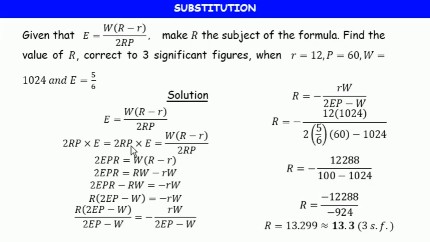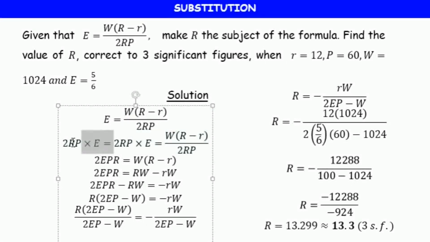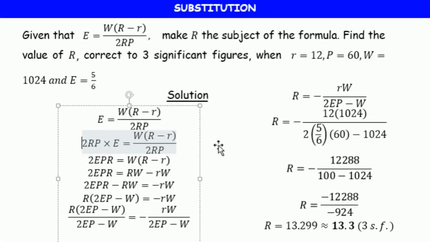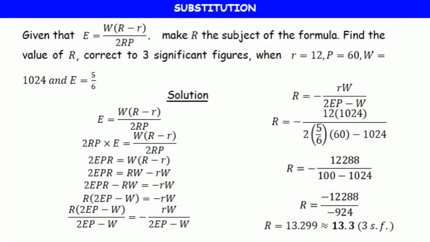So we're going to have 2RP times E, which is equal to 2RP times this expression here. Right, so this 2RP is also going to multiply this expression.